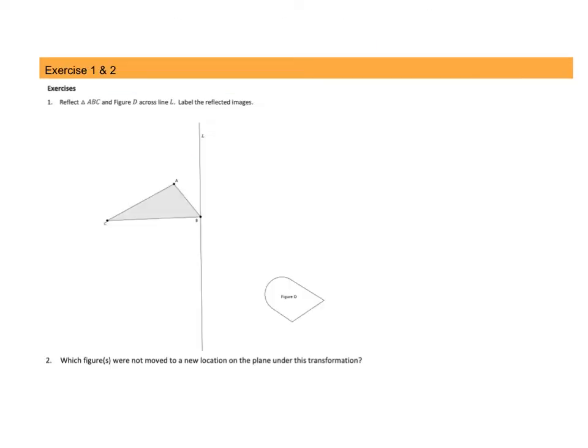All right, so for exercise 1 and 2, we're going to reflect triangle ABC and figure D across line L, and we want to label the images. So I can see that this point right here, B, is touching this line, so my reflected point, B prime, is also going to be touching that line. It's just going to be right there. So this is B prime.